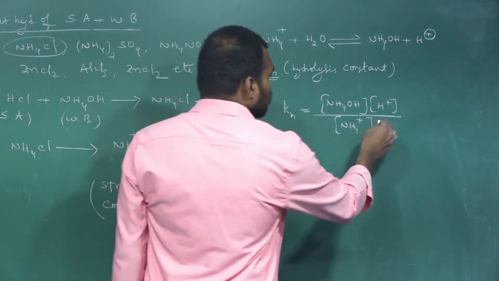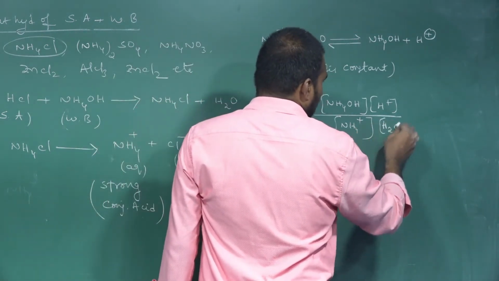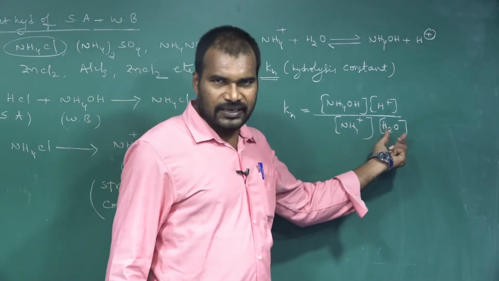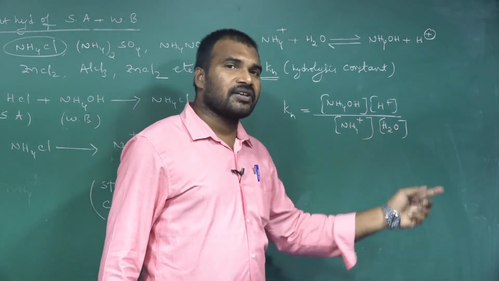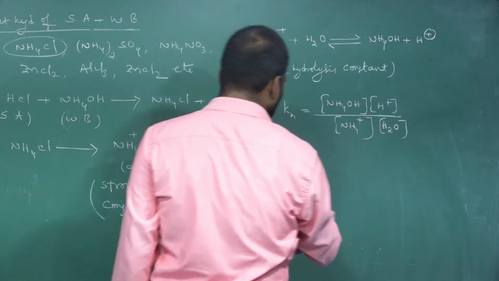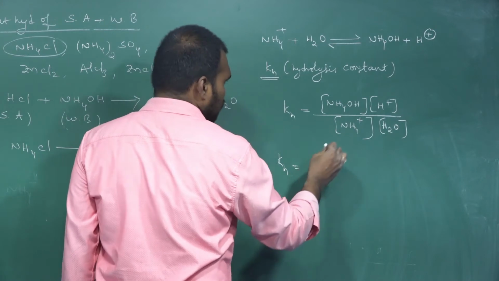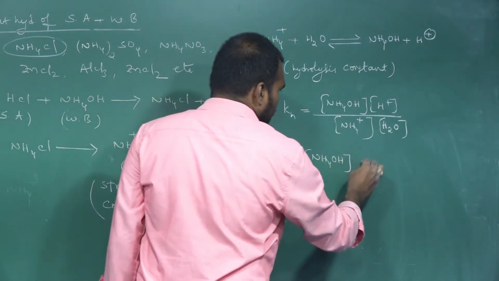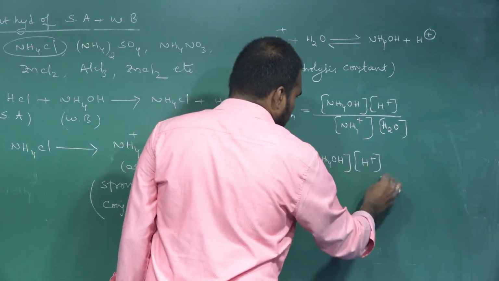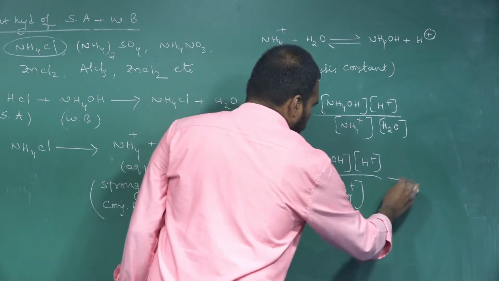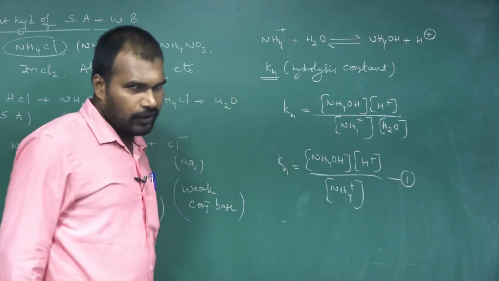And what about H2O? H2O is a pure liquid. For pure liquids there is no need to consider the concentration, so it is always unity. That's why I'm not representing H2O in the next equation. KH is equal to NH4OH concentration into H plus concentration divided by NH4 plus concentration. Consider this as equation number 1.